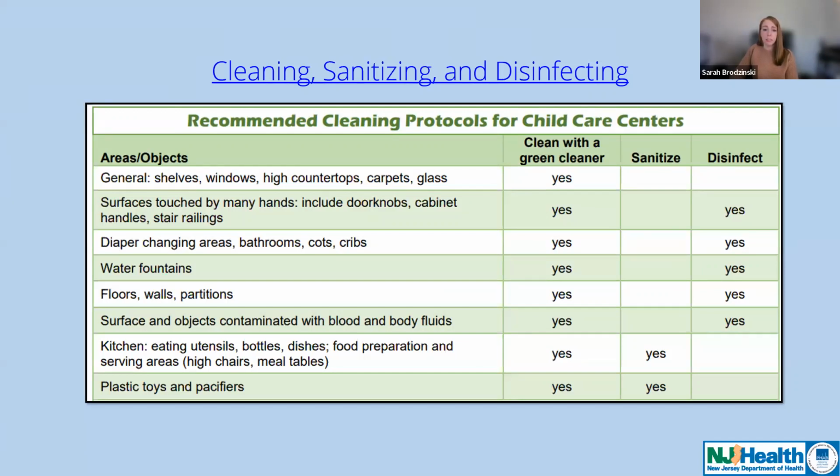So as we see here, cleaning occurs with the use of soap, water, and friction to remove all visible dirt. Sanitizing, however, reduces or can reduce the amount of invisible germs on inanimate surfaces and is appropriate for items such as tables, high chairs, toys, and pacifiers.